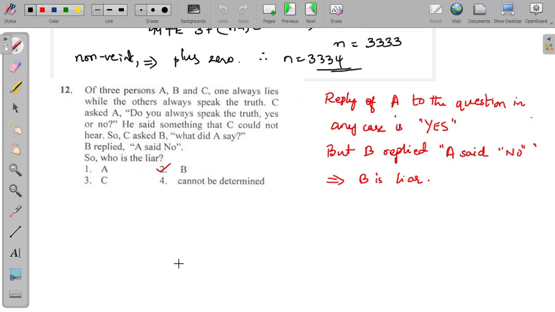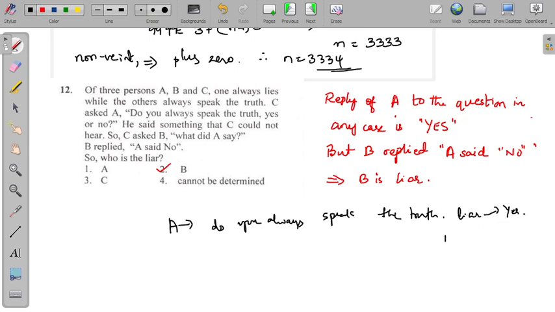So the first thing is you have to write the possible replies of A when C asks the question, do you always speak the truth? This is the question asked to A. In this case, if A is a liar, then he will say yes.